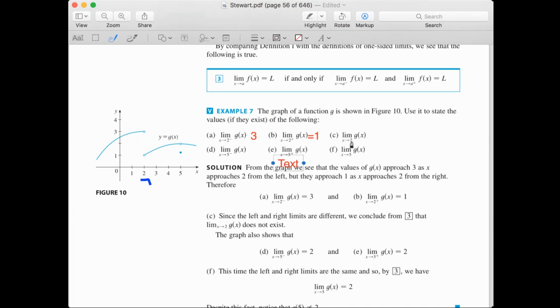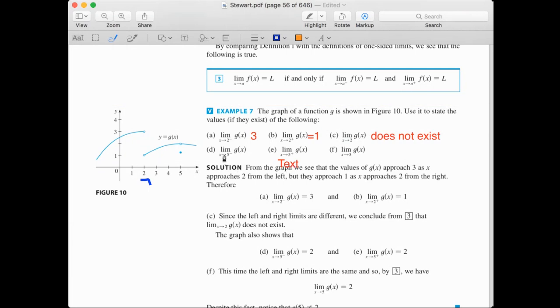The limit of g when x approaches 2 does not exist, because the left limit and right limit do not agree. So for C, we see the limit of g when x approaches 2 does not exist.